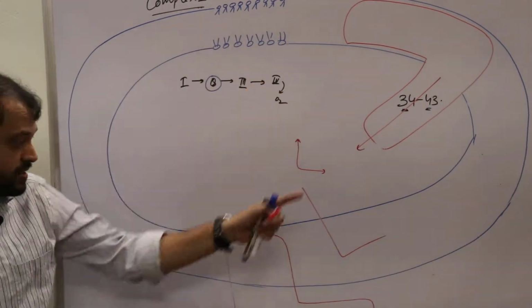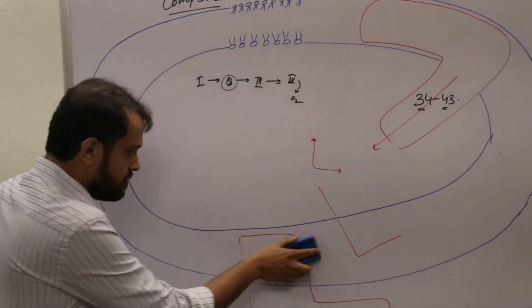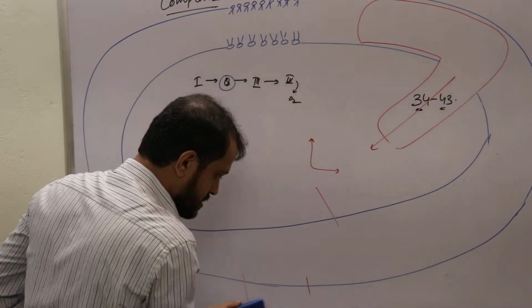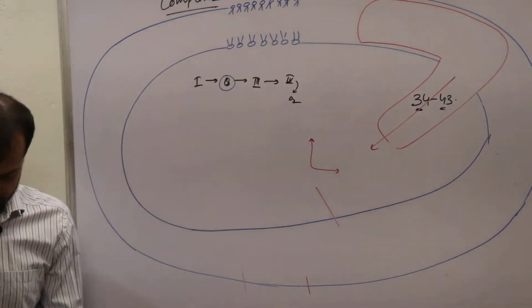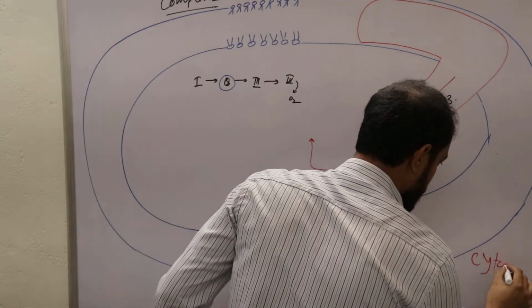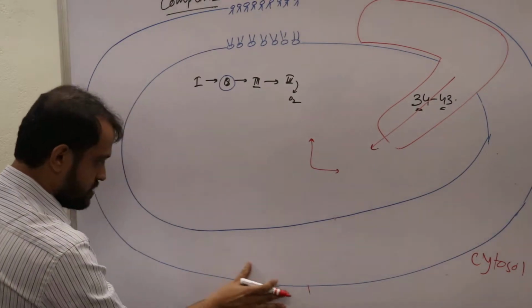This is the mitochondria, right? This was cytosol. Now listen, this was cytosol, right? That is cytosol. And this is what?